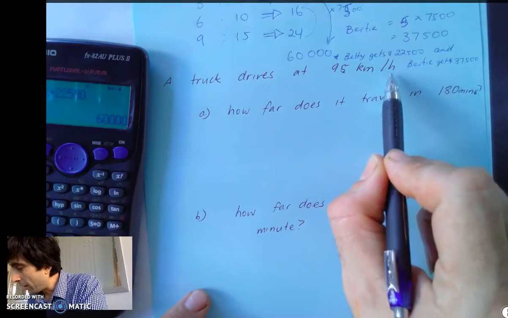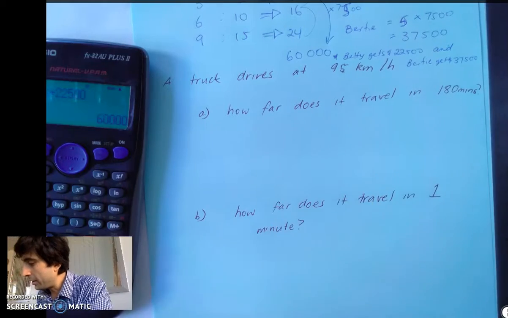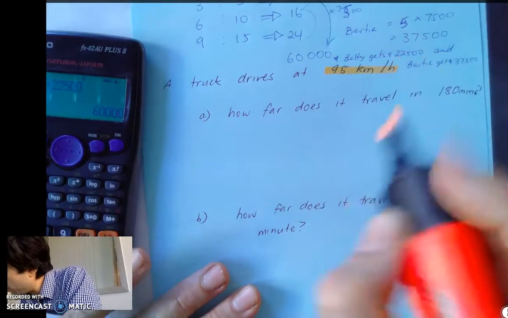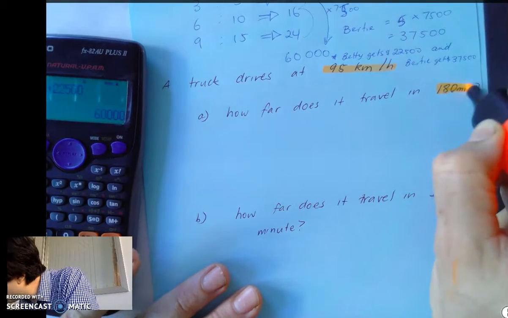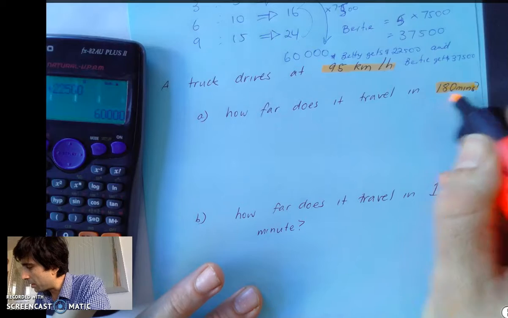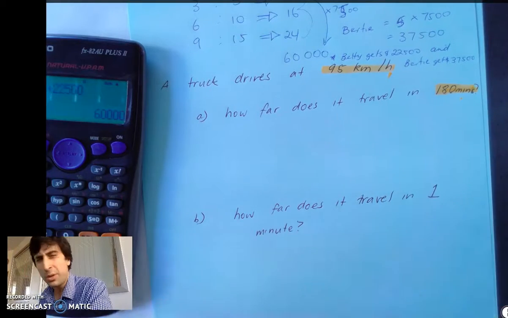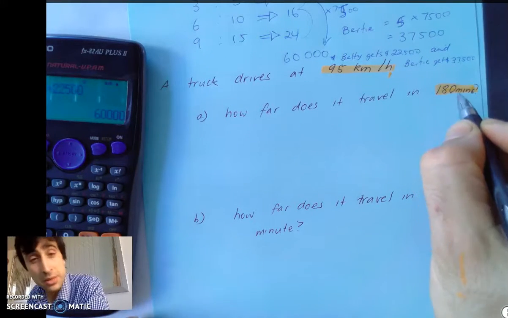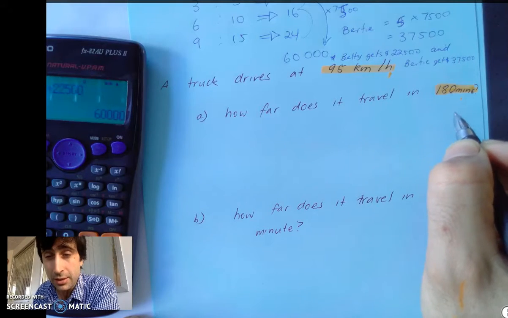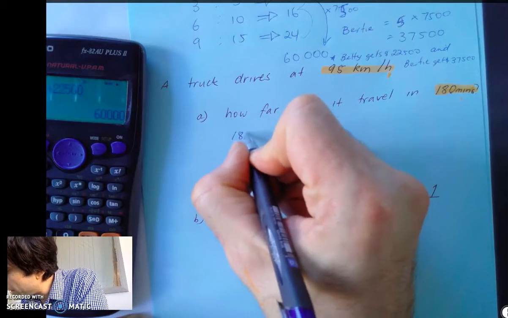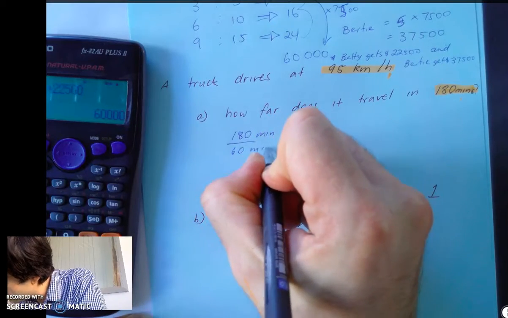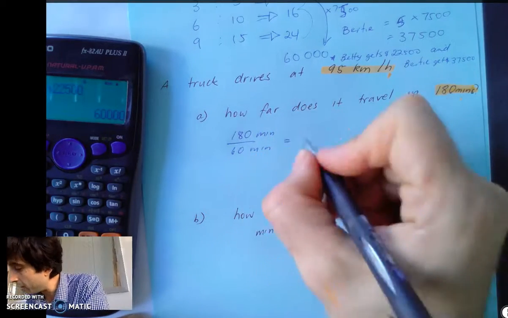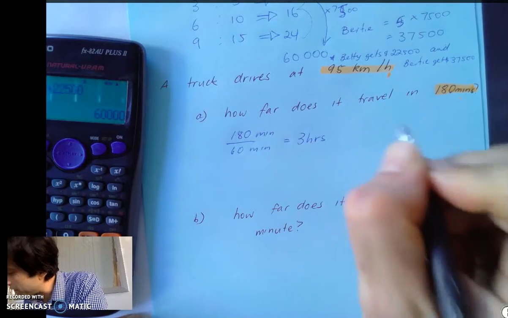So if this is per hour, well then what we need to do when we read the question, how far does it travel in 180 minutes? That's important information. But that's in minutes, and that's per hour. So our first step would be, well, how many hours are there in 180 minutes? 180 minutes divided by 60 minutes will equal how many hours? 180 divided by 60 is 3 hours.